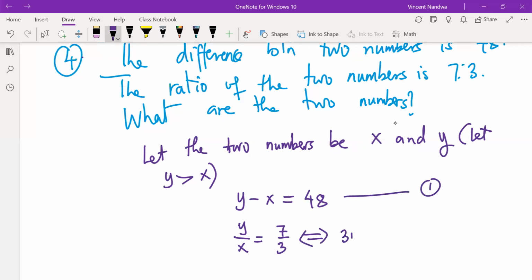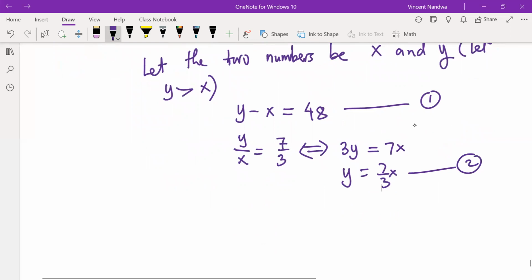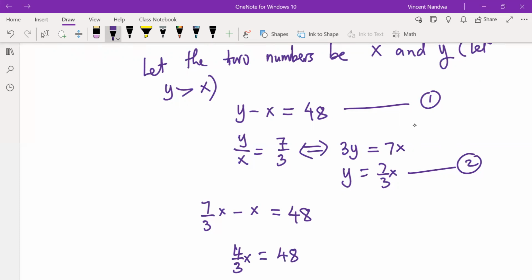We have 3y equals 7x, or simply y equals 7 over 3 x. We can call this equation 2. So replace 2 in 1. We'll have 7 over 3 x minus x equals 48. Now 7 over 3 minus 1 is 4 over 3, so 4 over 3 x equals 48.